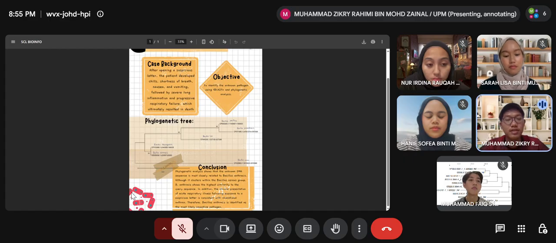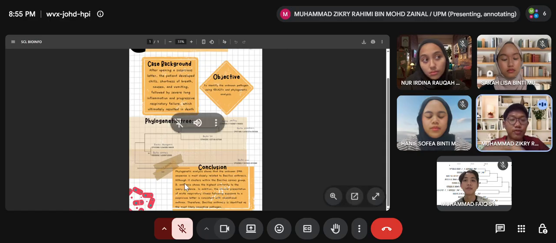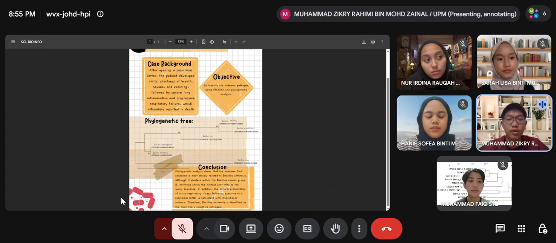The close clustering indicates that Bacillus anthracis shares the highest genetic similarity with the unknown sample. Based on both the molecular analysis and the clinical symptoms, we conclude that the most likely causative pathogen is Bacillus anthracis, the bacterium that causes anthrax.